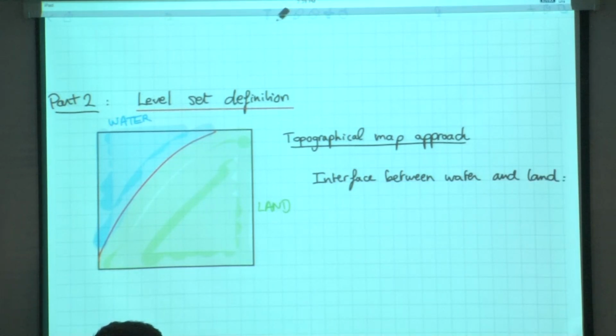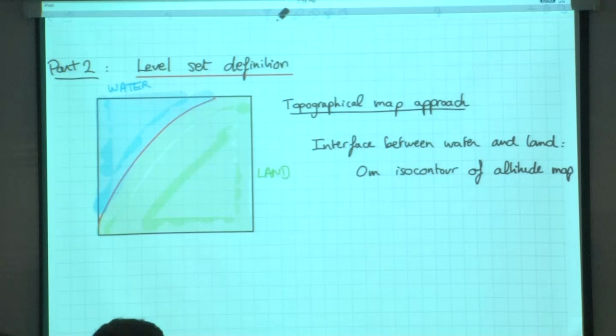The only thing you have to do is take the 0 meter isocontour of a height map. Or not height, I think you would refer to it as an altitude map. Right, so that will tell you directly where the interface is.